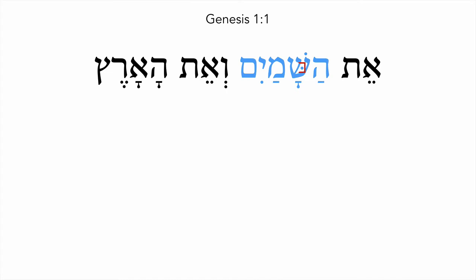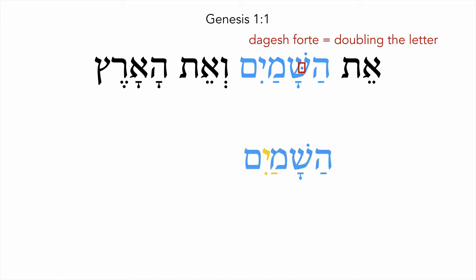We notice there is a dagesh, but we ask ourselves, is that a Bagad Kafat letter? No, it's a shin. And if there's a dagesh in something that's not a Bagad Kafat letter, it can only be a dagesh forte, a strong dagesh, which fortifies or doubles the letter. So what we really have here is two shins. That dot says we're going to pronounce this letter twice.